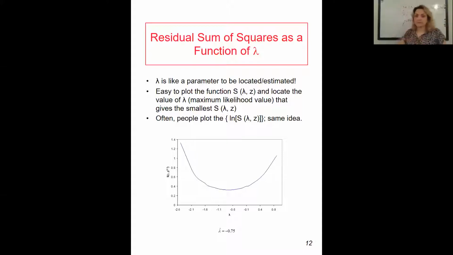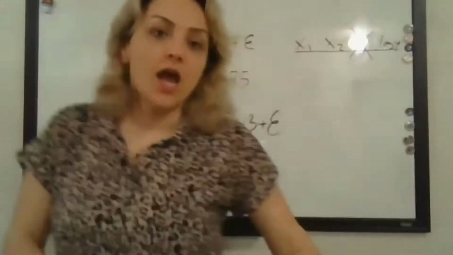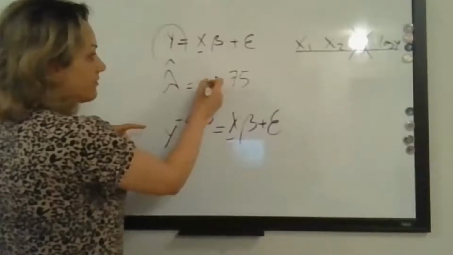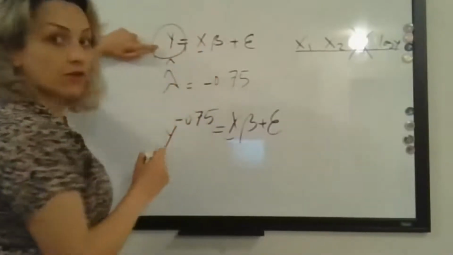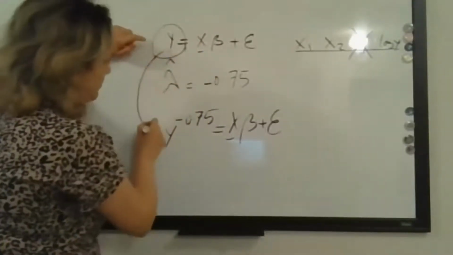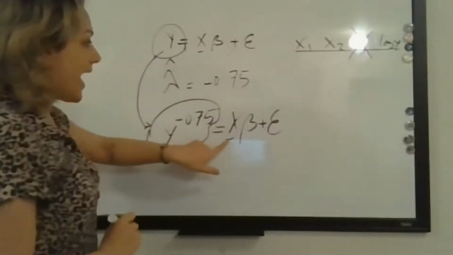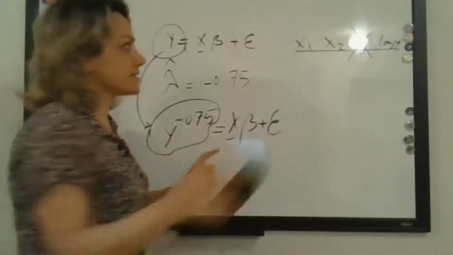Let me go back to the board. Okay, good. So when the lambda estimate is -0.75, instead of y we are going to put this term, and the rest is going to be like before.